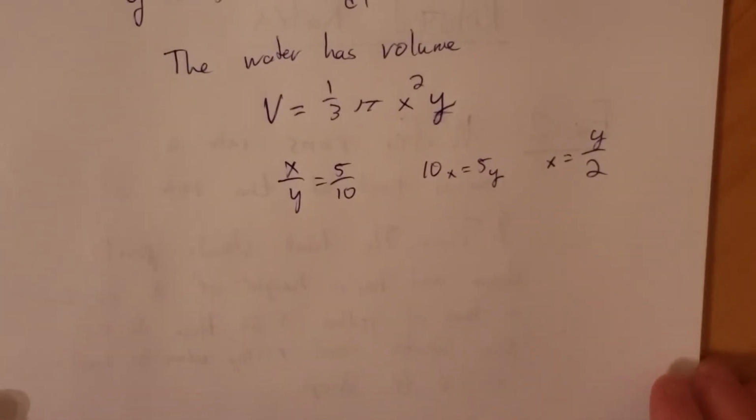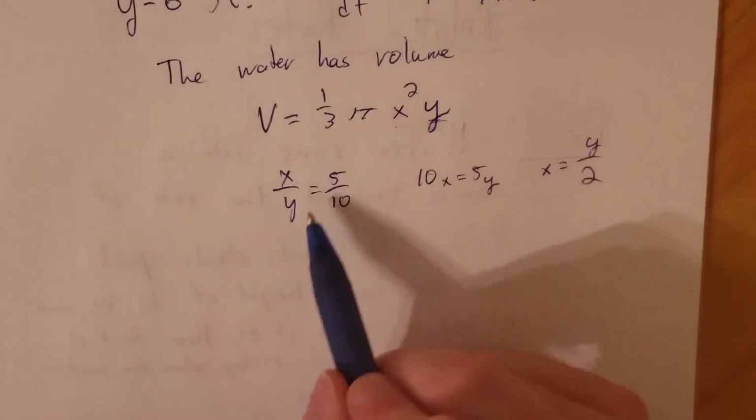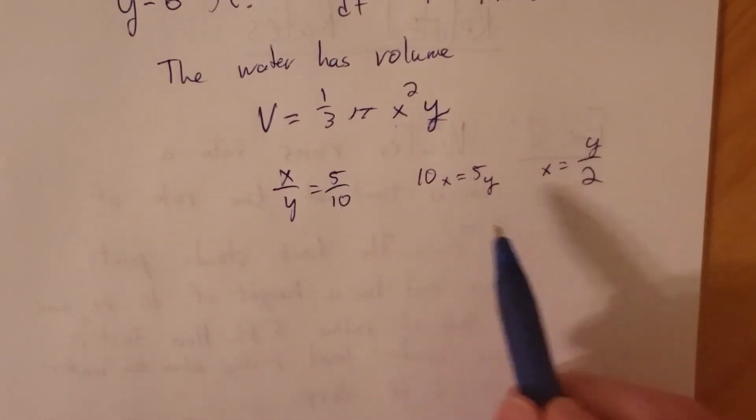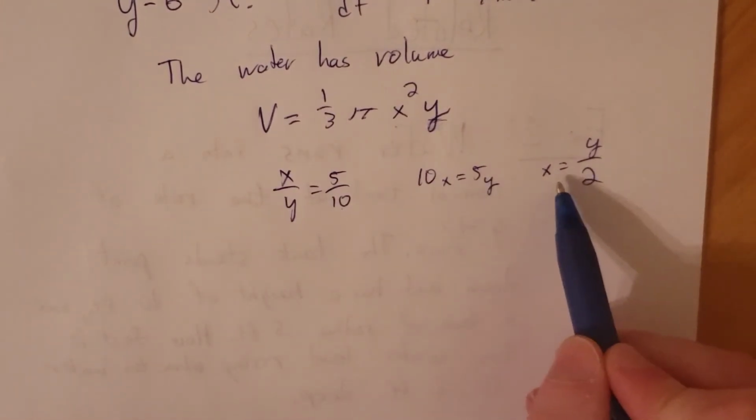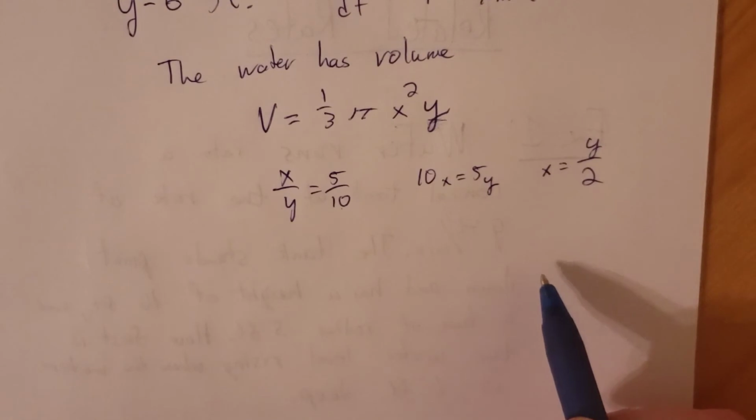Which gives us 10x is equal to 5y, or in other words, x is equal to y over 2. Sorry, I was way off the page. So we had our formula x over y is equal to 5 over 10. This gives us 10x is equal to 5y, which is x is equal to y over 2.